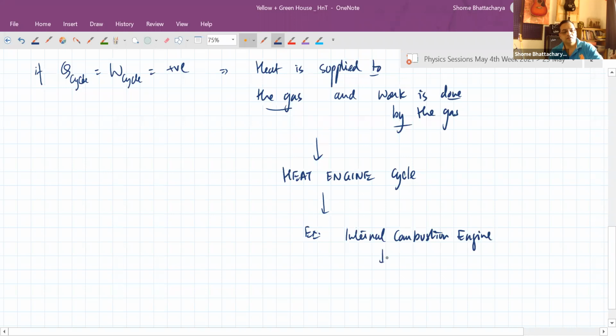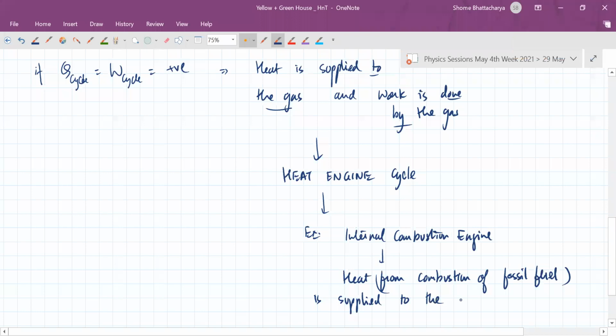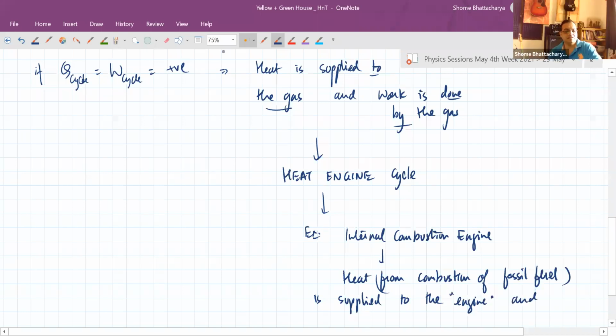In the internal combustion engine, heat from combustion or burning of fuel, of any type of fossil fuel, is supplied and mechanical energy is extracted from it or work is done by it.